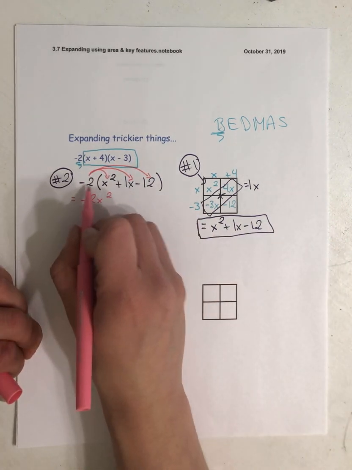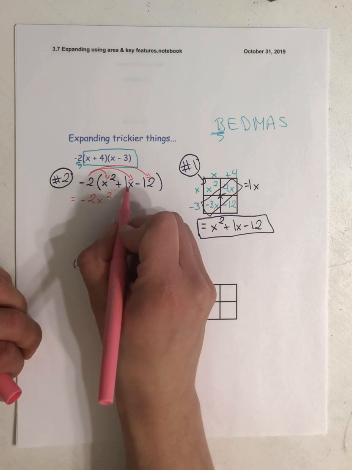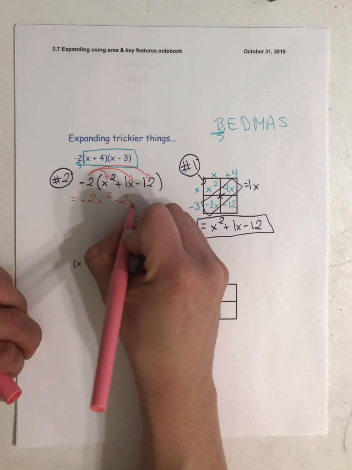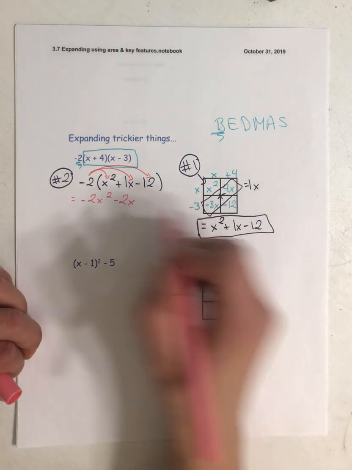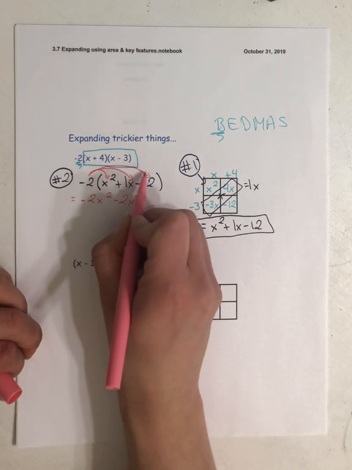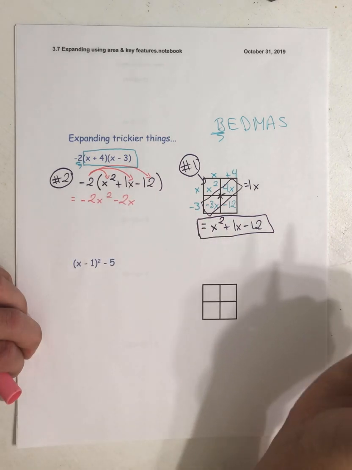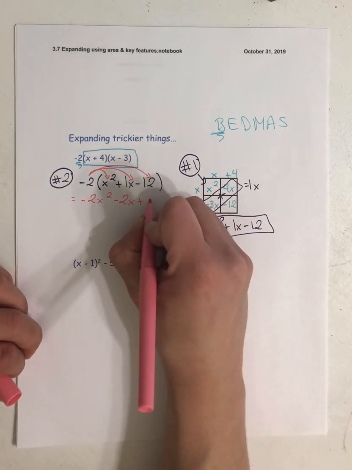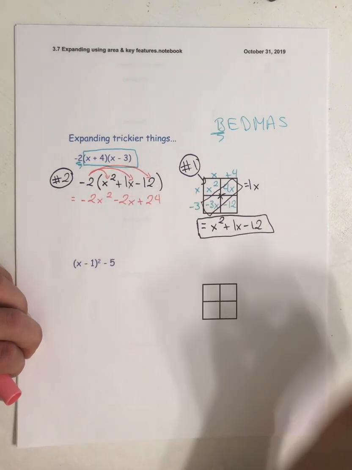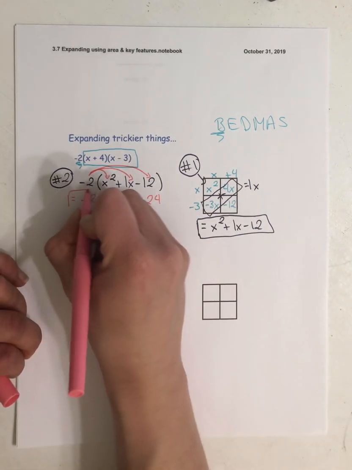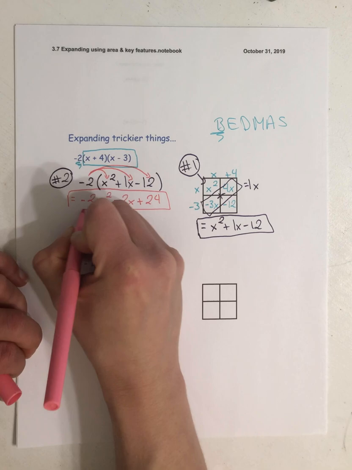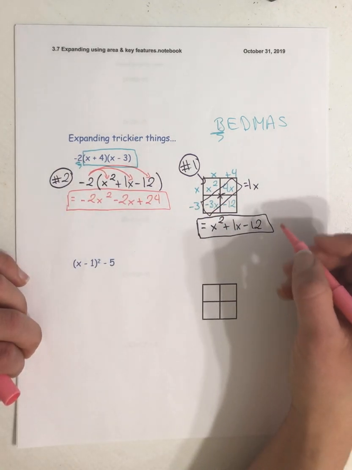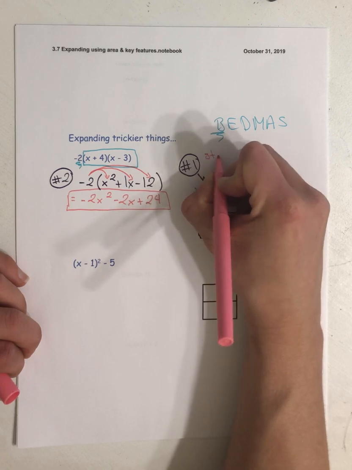Then negative 2 times 1x gives us negative 2x. And then negative 2 times negative 12 gives us, because it's two negatives together, positive 24. And that is our answer. So step 1 is to turn it into standard form.